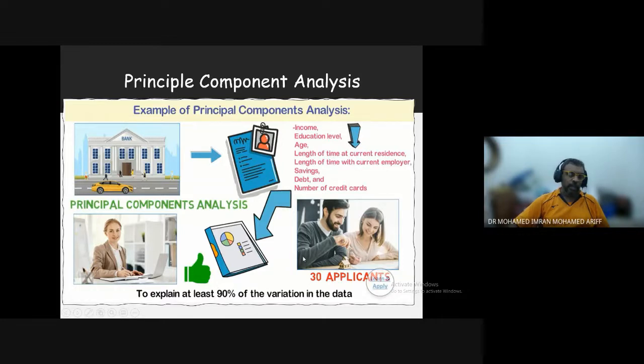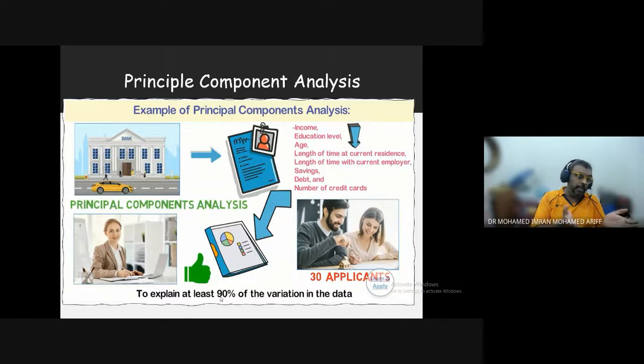Meaning, she has 30 applicants who have submitted all this, and which of these items is enough to explain 90% of the person's loan qualification. That means you do not need all these items, you only need certain items to say that he is qualified for the loan.